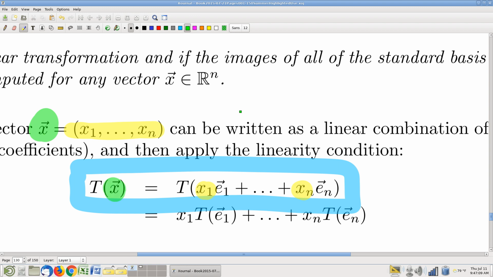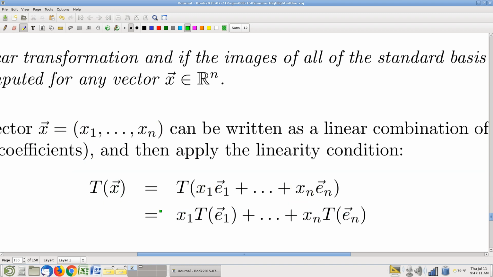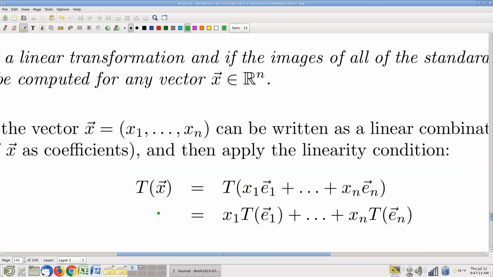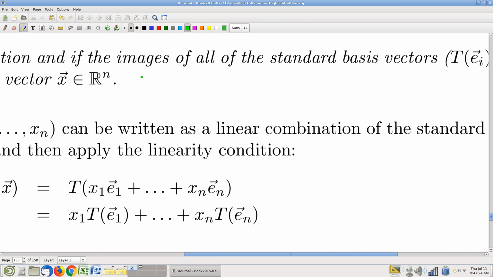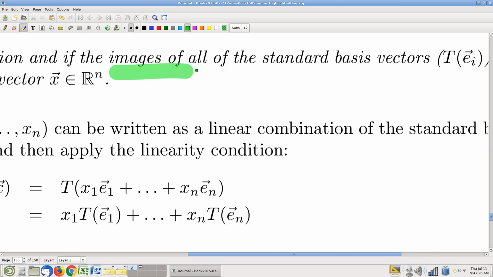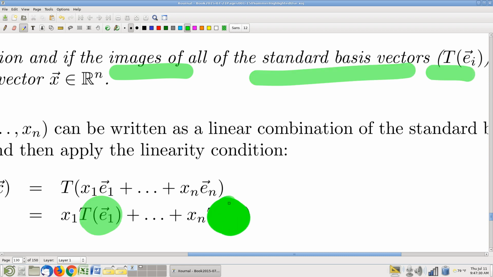Then, good news, this is a linear transformation. Because it's a linear transformation, linear combination in gives me linear combination out. And the images of the standard basis vectors, T of E1 through T of En, are all known. Right? So I know what these are.